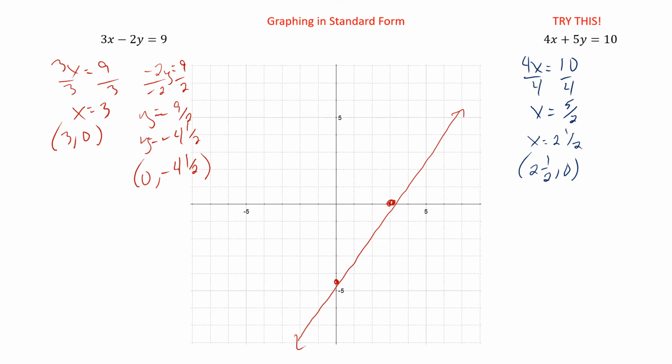And then make x equal to 0. So we'll have 5y equals 10, divide by 5. So y equals 2. So you have the point 0, comma, 2, which will be right up there. Connect the dots.